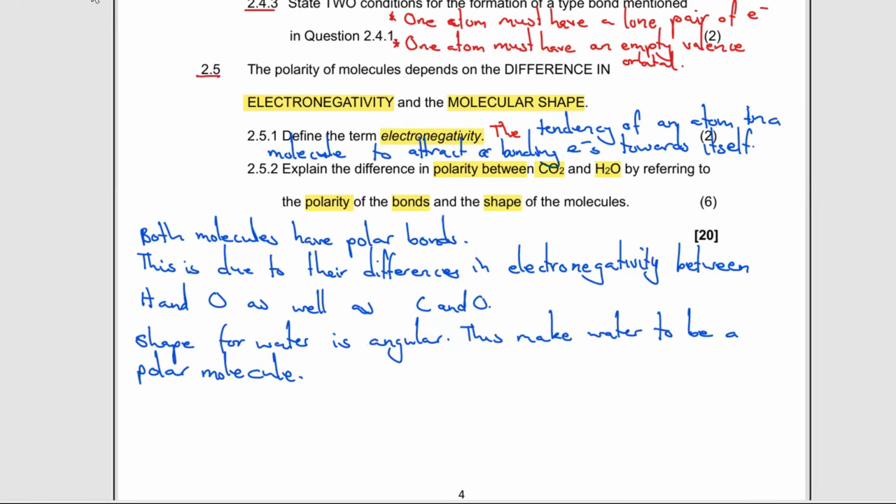So why do we say this makes it polar? It is because one side of the molecule can be positive and the other is going to be negative.